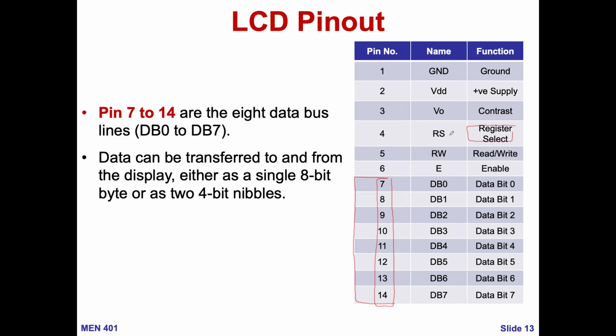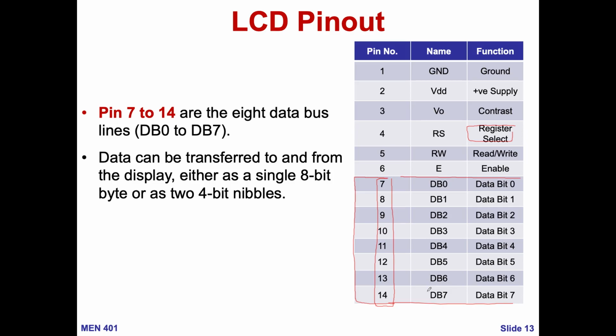When the register select is high, the data here will be the characters. As you can see, it is a large number of wires. If I have one Arduino, I need at least 14 pins, so I took all the digital input-output pins of the Arduino.